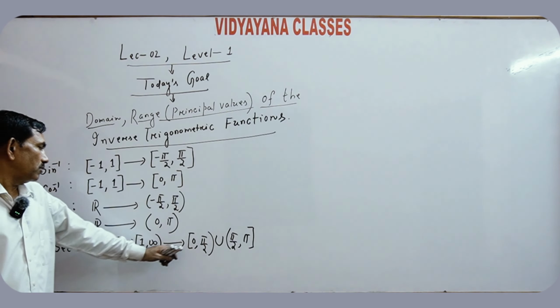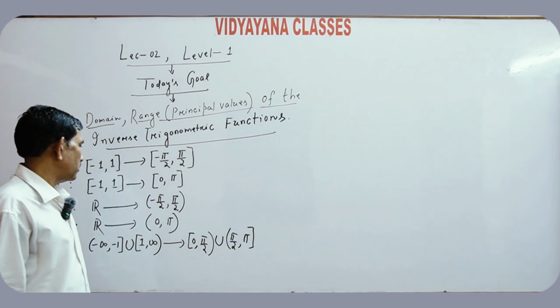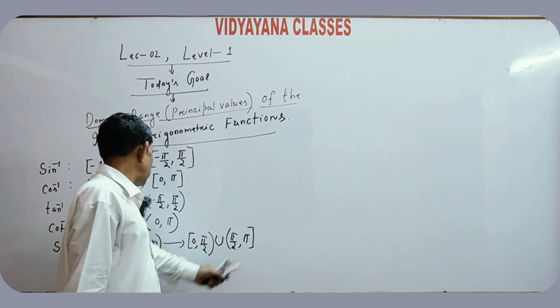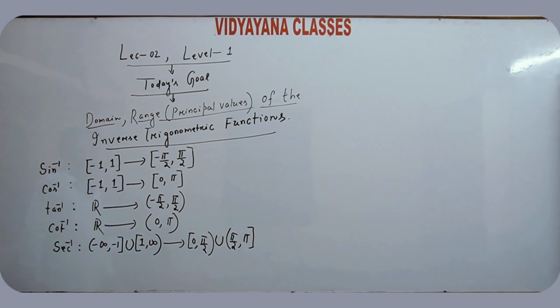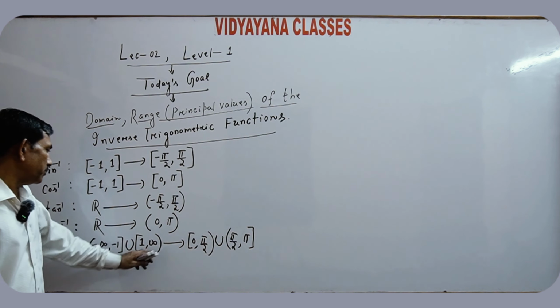Since sec 0 is equal to 1 and sec pi is equal to minus 1, the range is 0 to pi by 2. At pi by 2, sec inverse x is not defined, that is infinity.